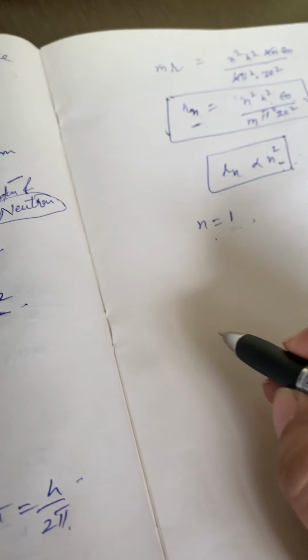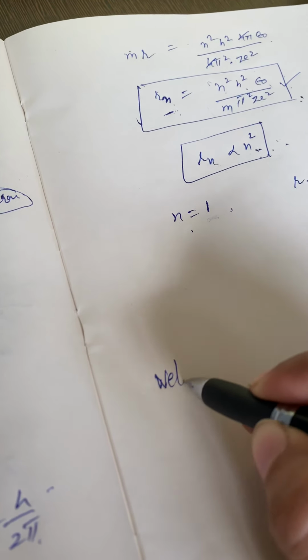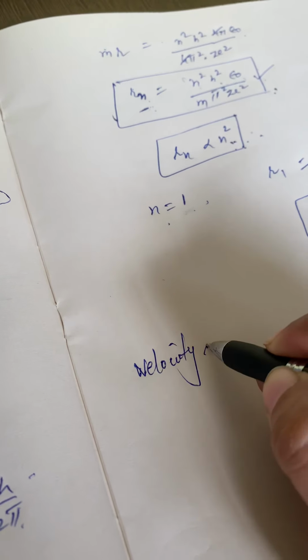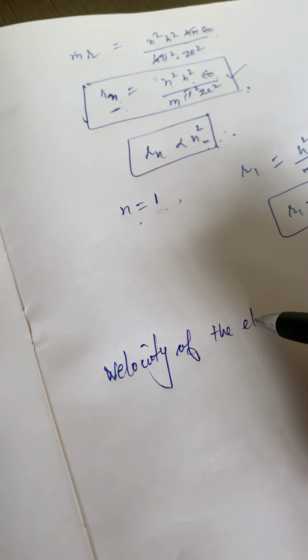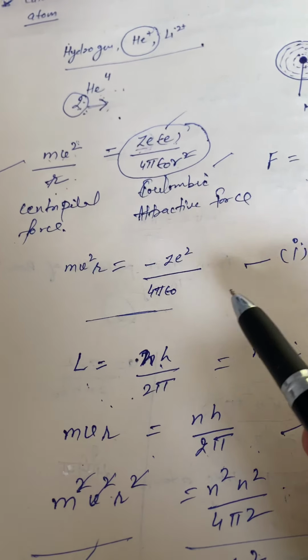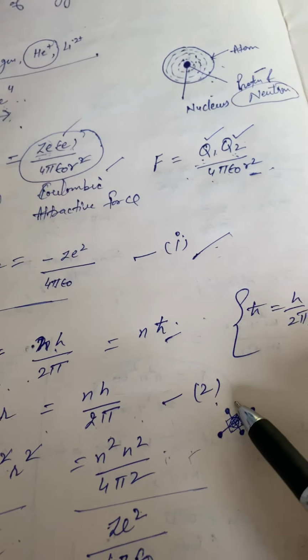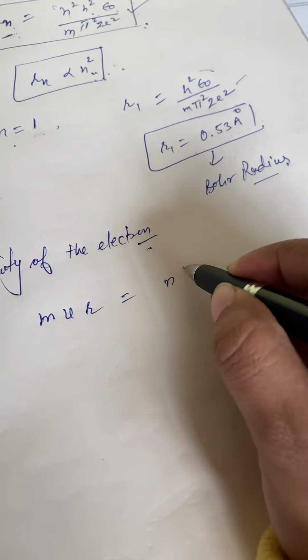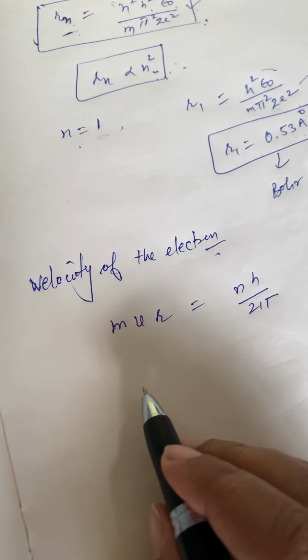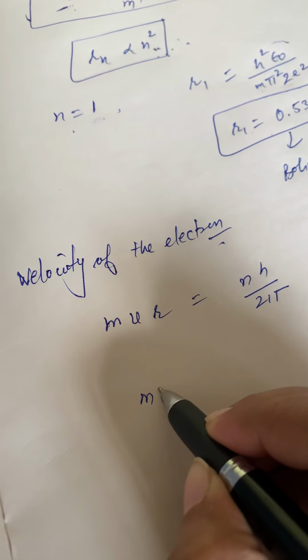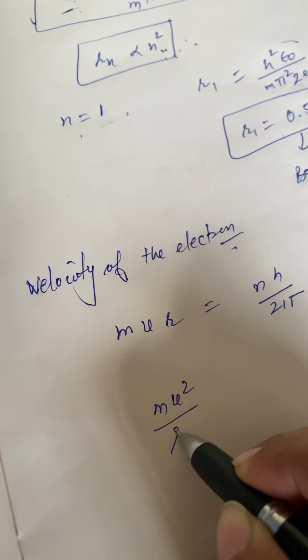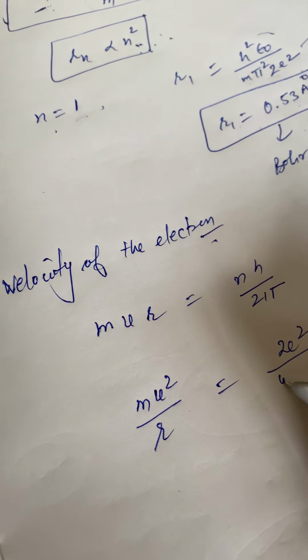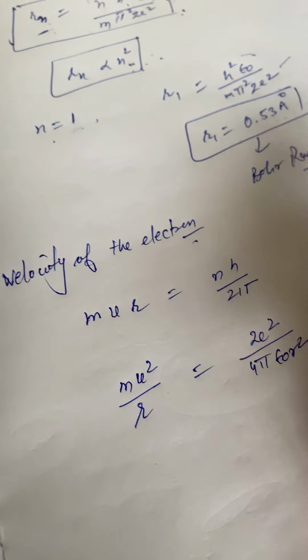Now we will solve for the velocity of the electron. For this, we will simply divide equation number 1 and equation number 2 without squaring equation number 2. mvr is equal to nh divided by 2 pi, and equation number 1, mv square by r is equal to Z e square divided by 4 pi epsilon naught r square.